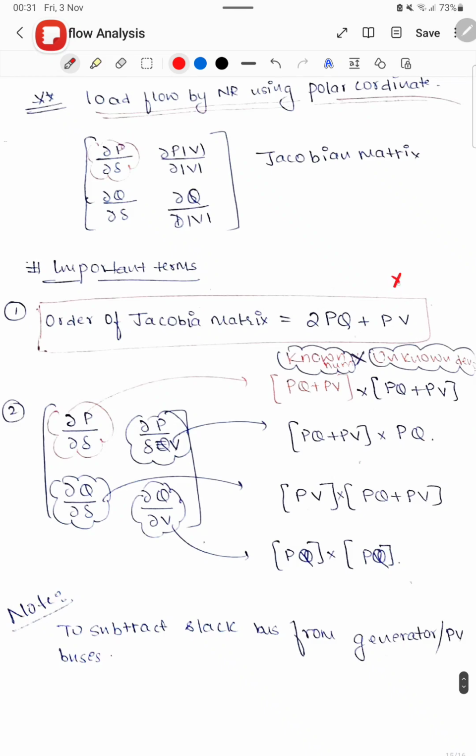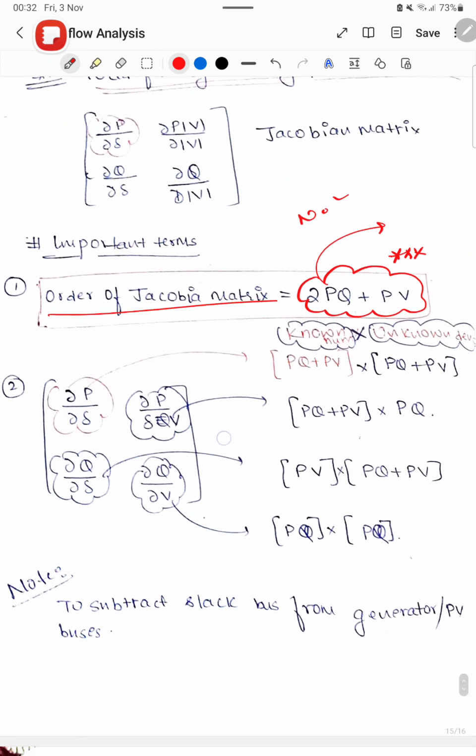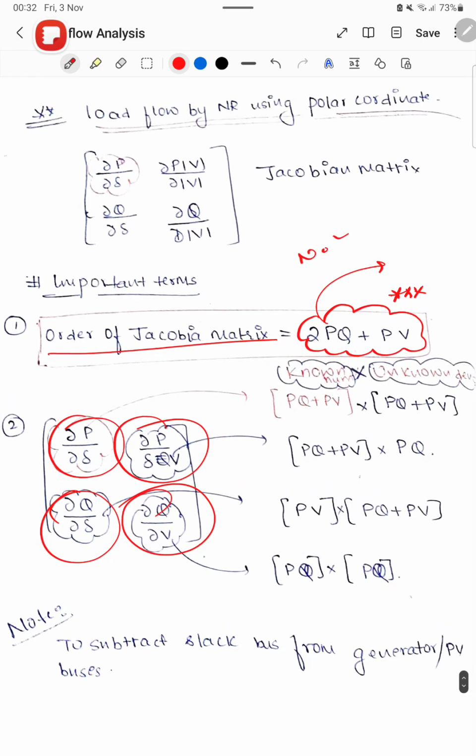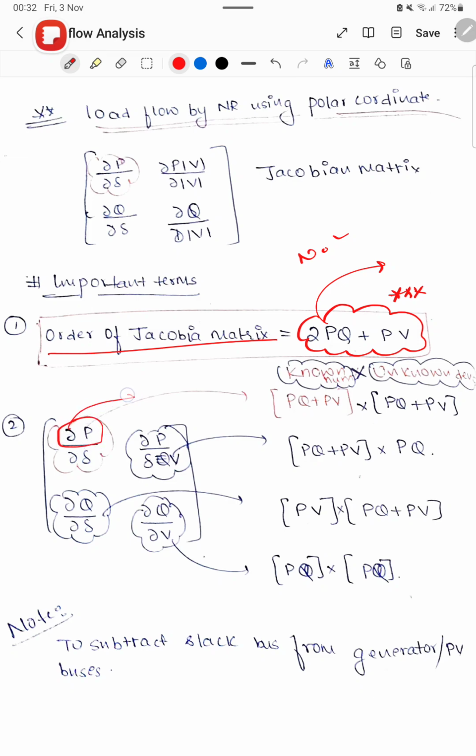This question is also very popular. Now, order of the Jacobian matrix. The order of the Jacobian matrix is nothing but 2PQ plus PV, that is the number of unknowns. If someone asks you the order of one of the polar coordinate blocks, we take the order as knowns of the numerator upon unknowns of the denominator.